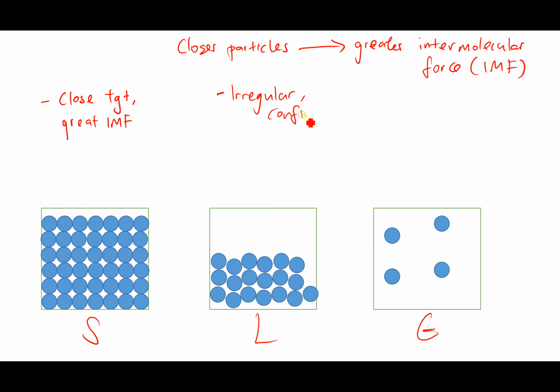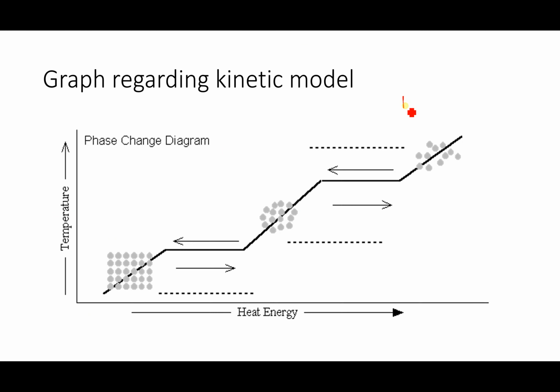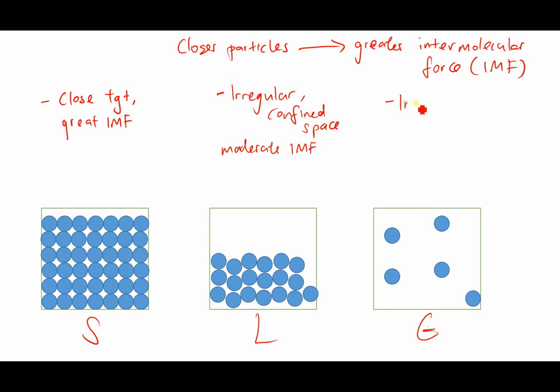So we call this a moderate amount of intermolecular force. And the last one, for gas, the arrangement is irregular and random. So we expect a weak intermolecular force. So these are the relations with regards to intermolecular forces.